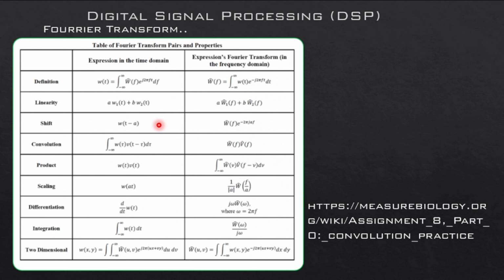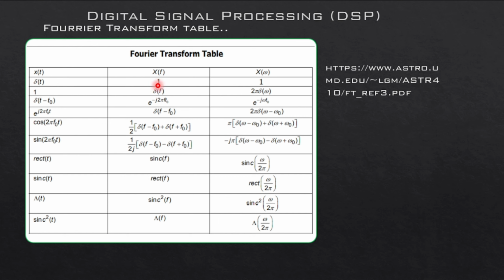Of course, we cannot memorize all the transforms, but you need to have the table with you in order to resolve a Fourier transform problem, just as you need the Laplace transformations with you when you need to do that as well. So the transform for delta(t) is 1, and delta(t - t0) is e^(-j 2 pi f t0), correct? e^(-j omega t0), etc.